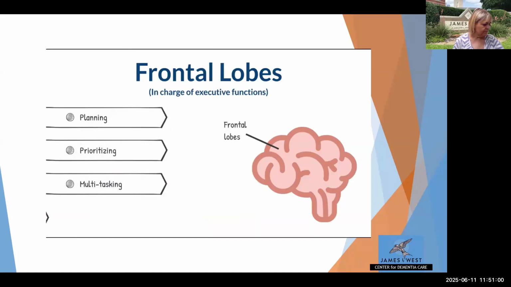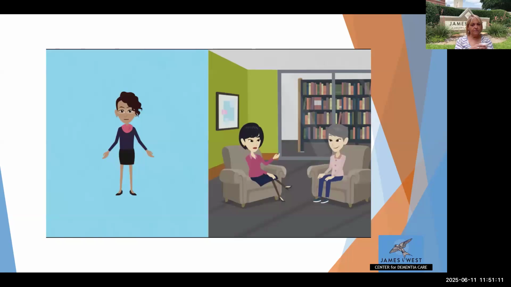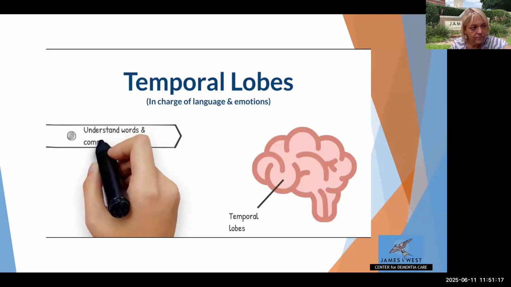They also help you decide what's important in different social situations. For instance, it's your frontal lobes that enable you to follow directions in a recipe and to talk quietly in a library. The temporal lobes play a major role in language and emotions. They help you understand words and communicate.